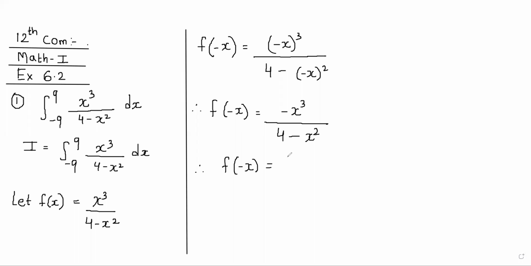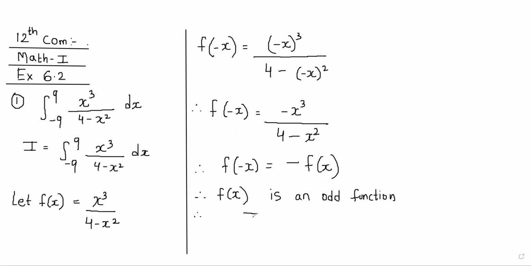So we can write f(-x) is nothing but minus of f(x). When this condition is satisfied, we can say that the given function is an odd function. So therefore f(x) is an odd function.